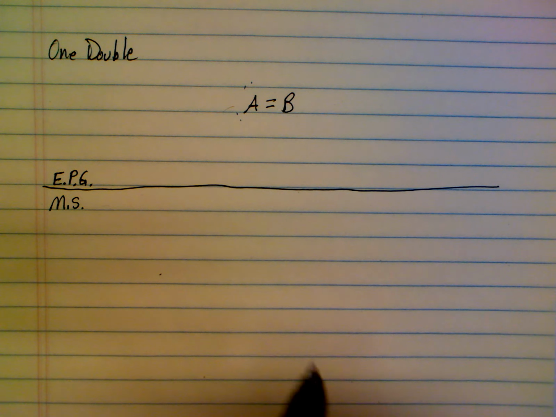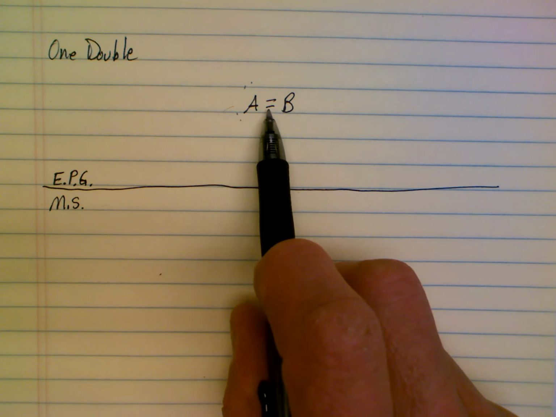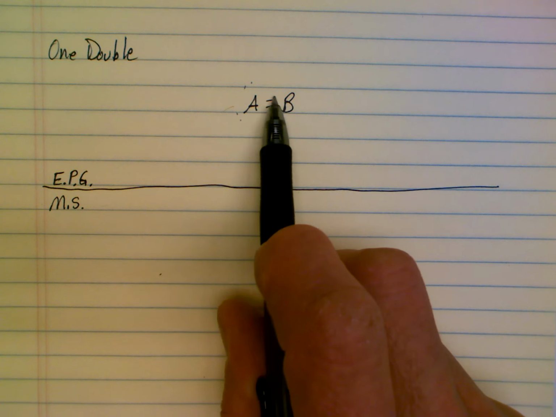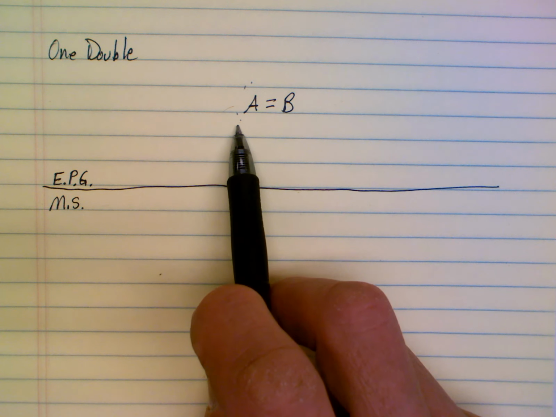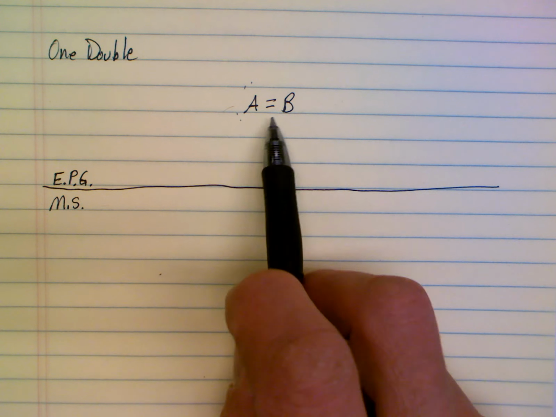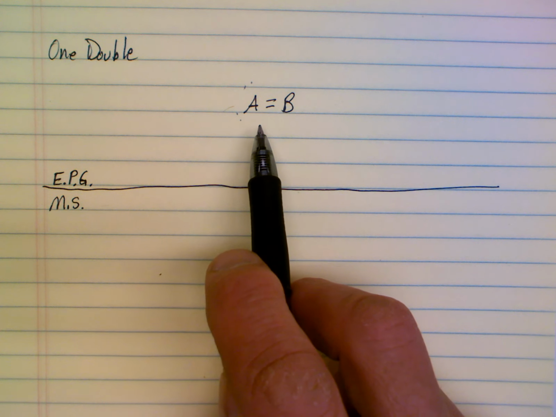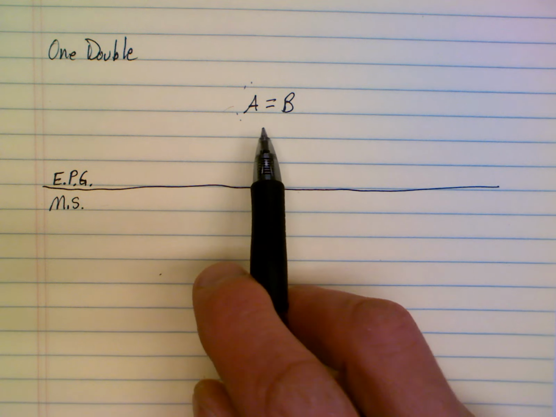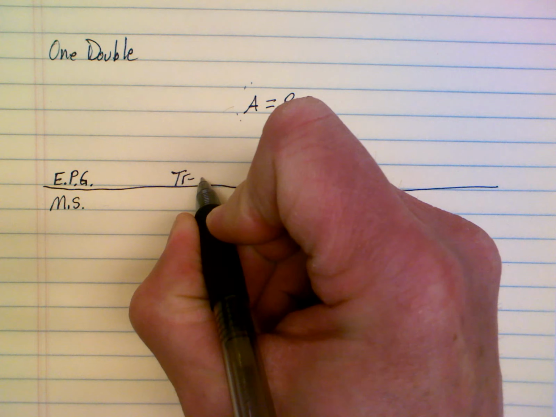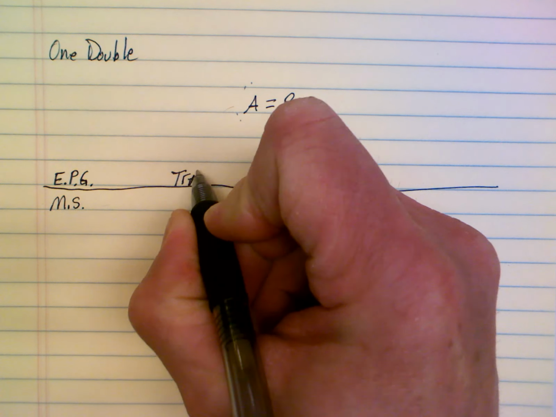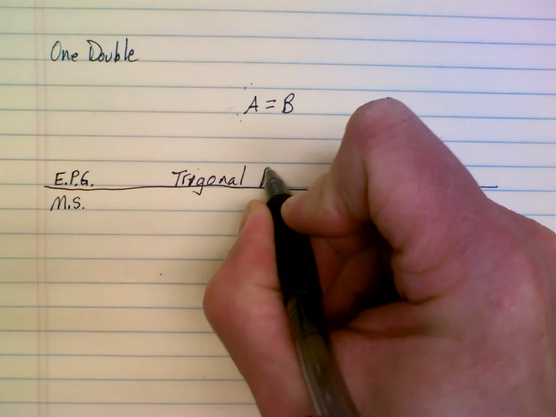The electron pair geometry then would be a trigonal configuration. In other words, you have a set of electrons right here, these two pair, and then these other two. And as a result of these three sets of electrons, they'll repel each other in such a way that you will form a trigonal planar. So the electron pair geometry is trigonal planar.